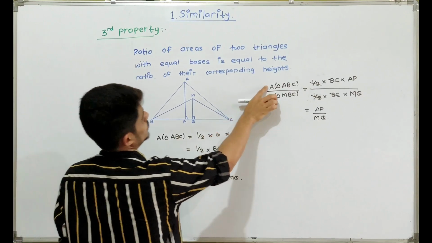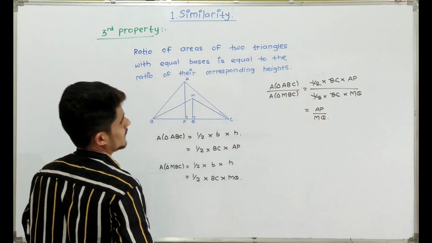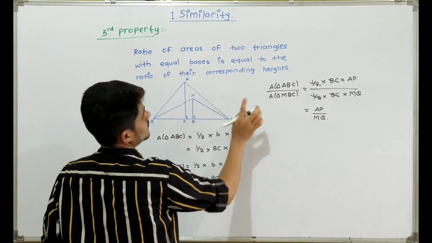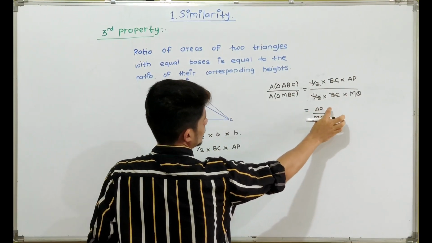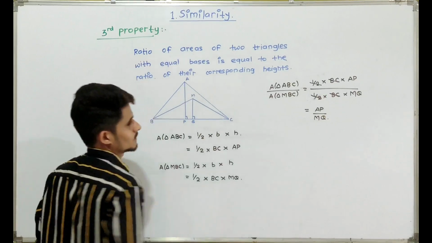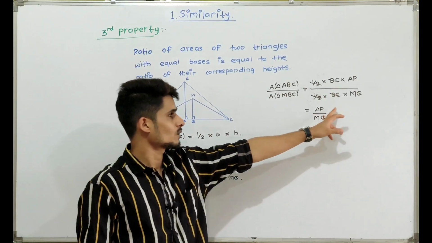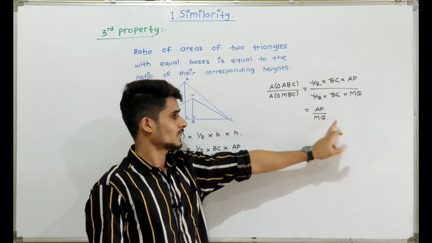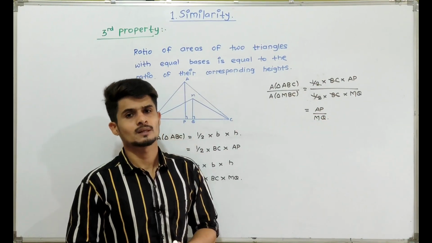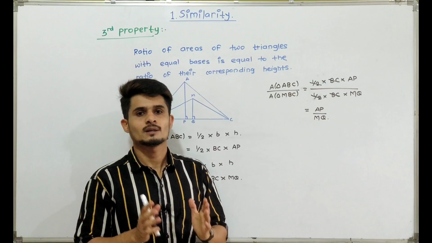That is, the ratio of areas of two triangles with equal bases is equal to the ratio of their corresponding heights, AP upon MQ. These are some properties which are useful to solve an exercise.